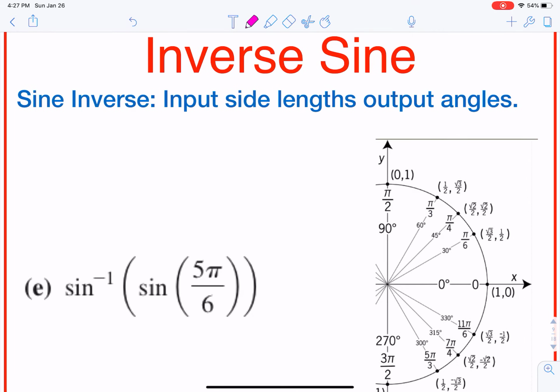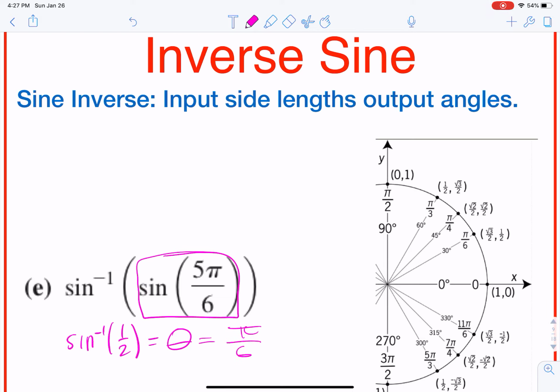So looking here, sine inverse of sine of 5 pi over 6. So let's go ahead and evaluate what this would be first. So sine of 5 pi over 6 is going to be 1/2. So this is really like saying sine inverse of 1/2 is equal to what angle? And I know that I'm talking about pi over 6 here.